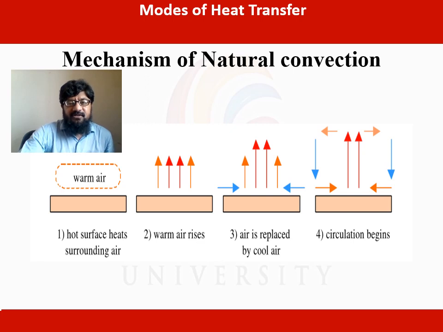Mechanism of natural convection. So, as I have told you, natural convection takes place because of buoyancy. Whenever a fluid comes into contact with a hot surface, the fluid gets heated and this fluid becomes less dense and so it rises because of the buoyancy force.